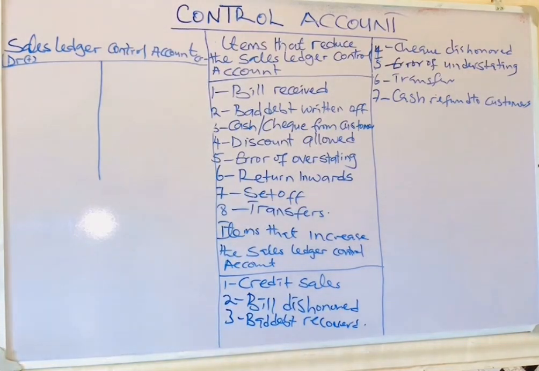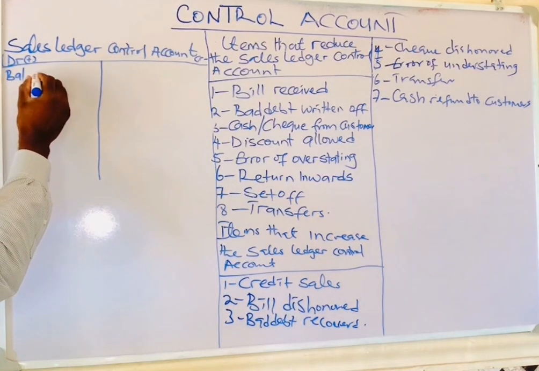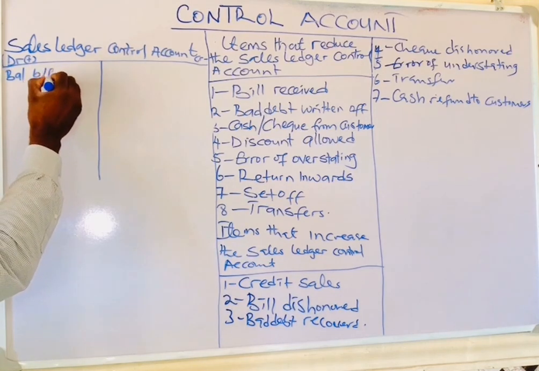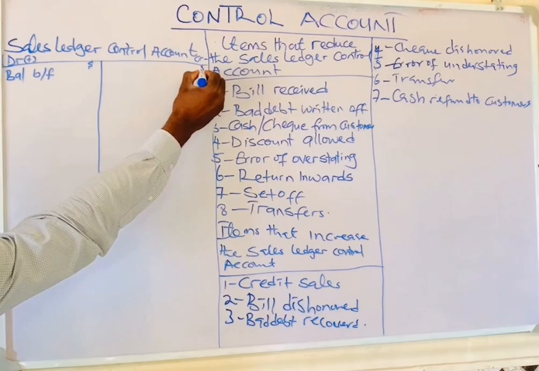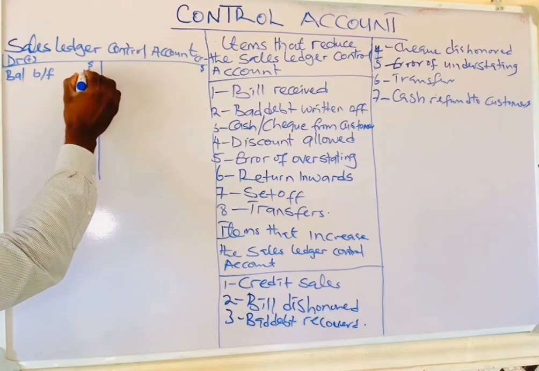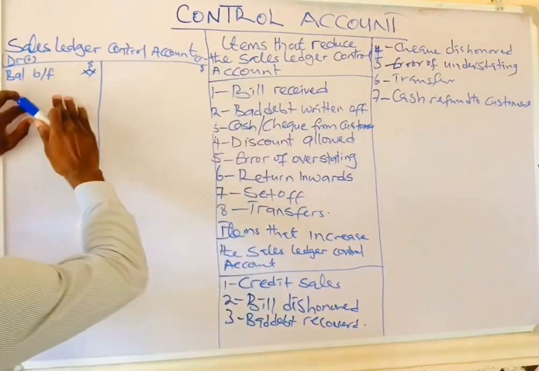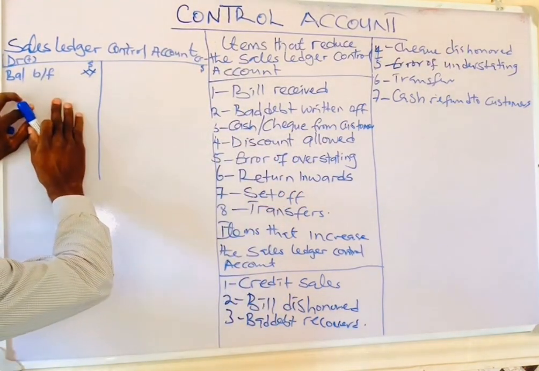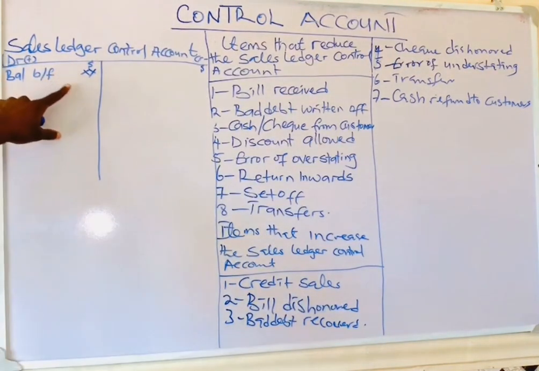We will have our balance brought forward, with your currency sign, your dollar. So all these items that reduce our balance of the sales ledger will be here to reduce this balance. That is what we are saying.